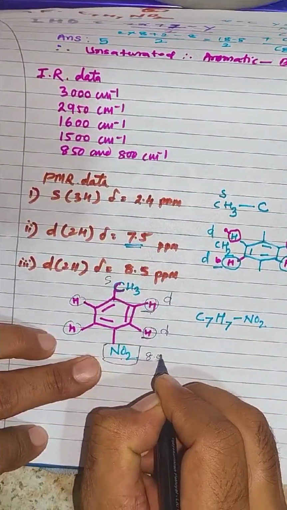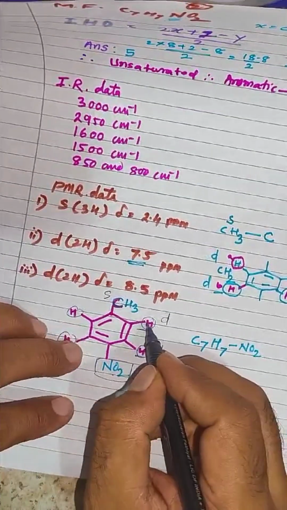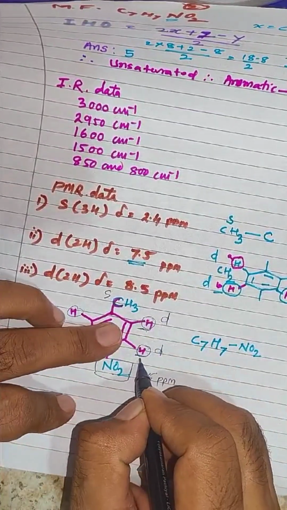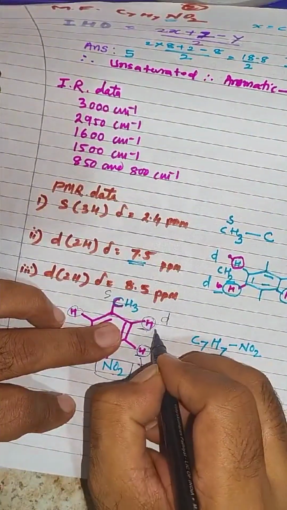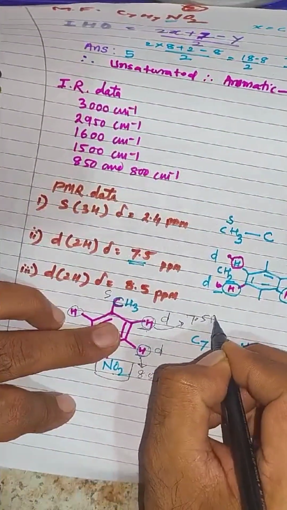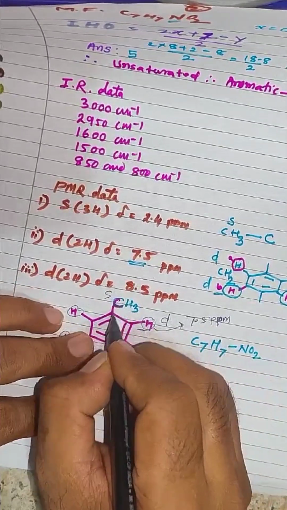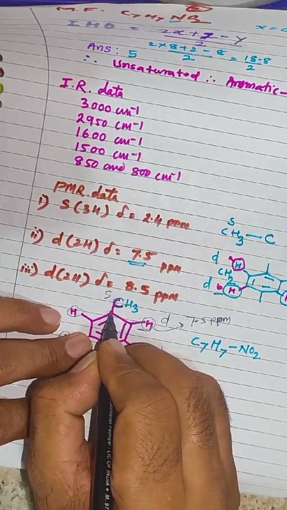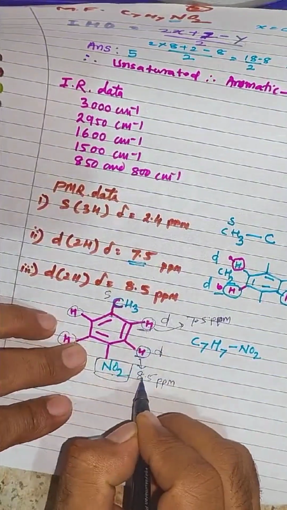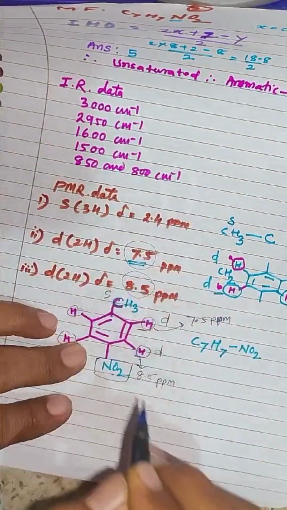This value is 8.5 ppm. For the protons on the other side the value is 7.5 ppm, because the methyl group is donating. So this is shielding and that is deshielding, and that's why these two values are different here.